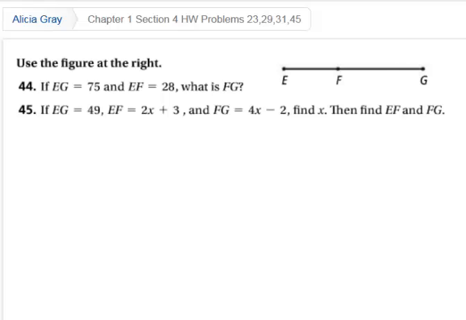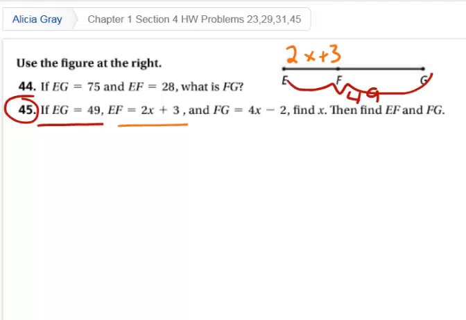Now on this one, we're going to do 45 because I really wanted you to use the segment addition postulate. So start out looking at your diagram and labeling the information. That means this whole thing is 49. Now, EF is 2x plus 3.